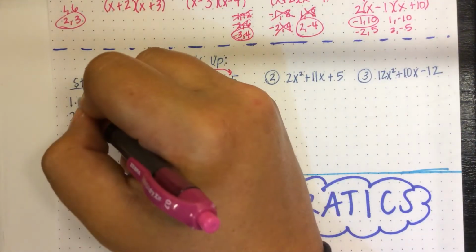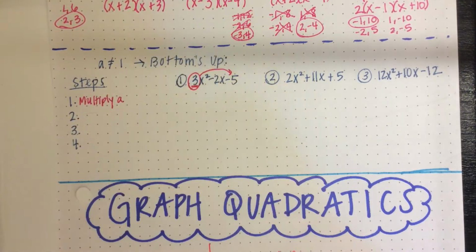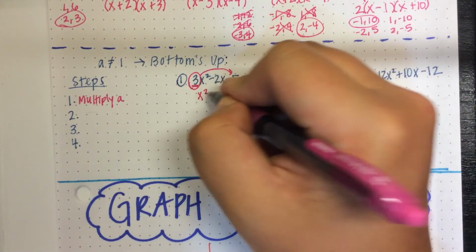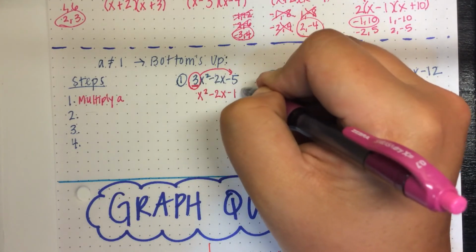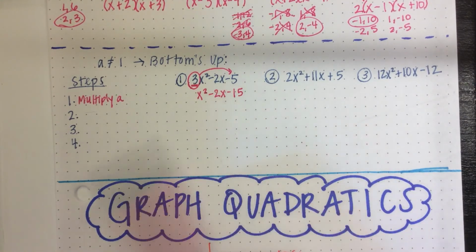All right, so my first step is to multiply by whatever a is. Okay, so then my new equation is going to be x squared minus 2x, and then 3 times negative 5 is a negative 15.